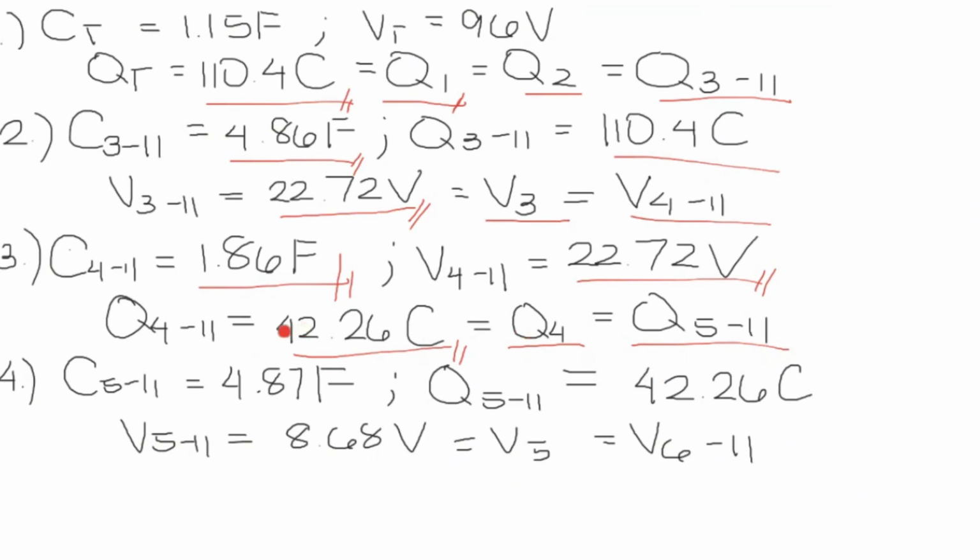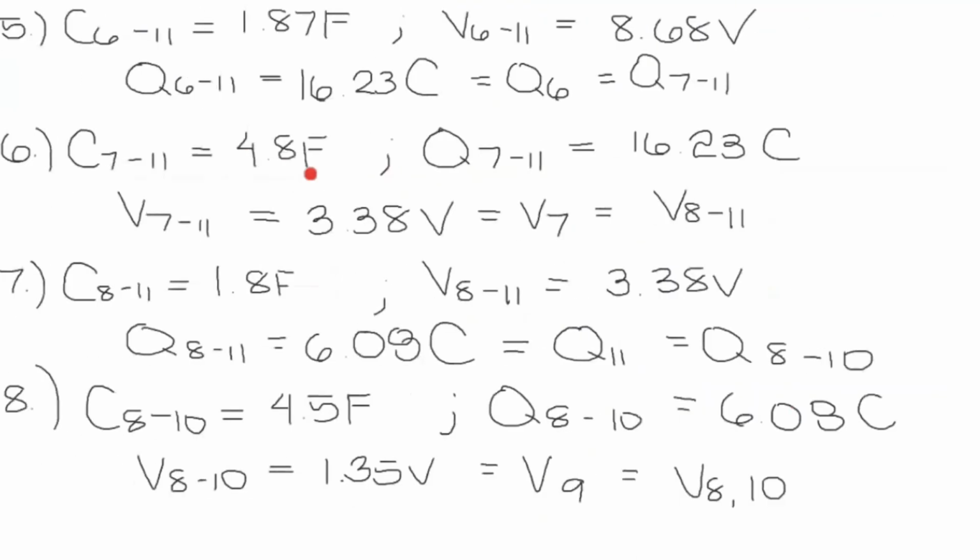Now that we have our Q4, let's move on to the next one. Our C5 to 11 is 4.87 farad, and from the previous example, our Q is 42.26. Now that we're finding our voltage, if we divide Q by C, our answer is 8.68 volts, and this is equal to V5 since it is in a parallel, and also equal to V6 to 11.